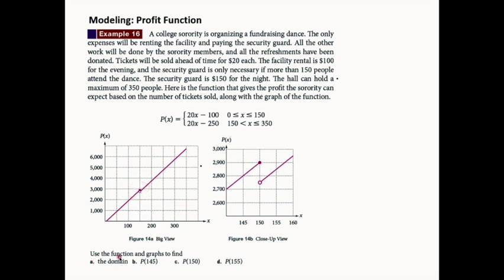It says use the function and graphs to find the domain of this function. The nice thing about when you have a piecewise graph is that the domain is literally stated for you right here. So the domain is all the values from 0 to 350, including 0 and including 350.